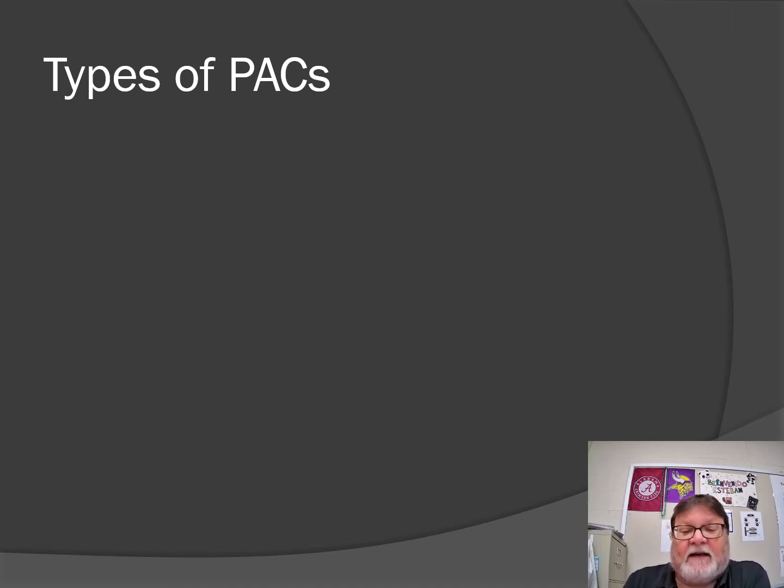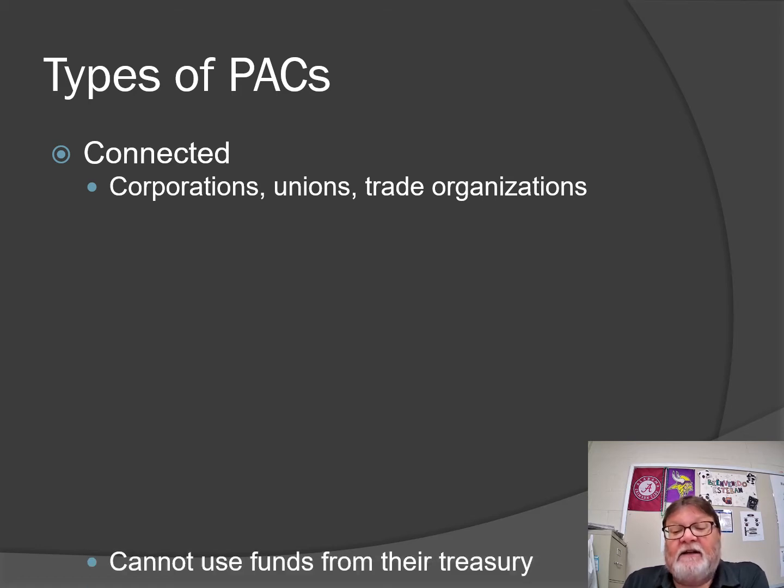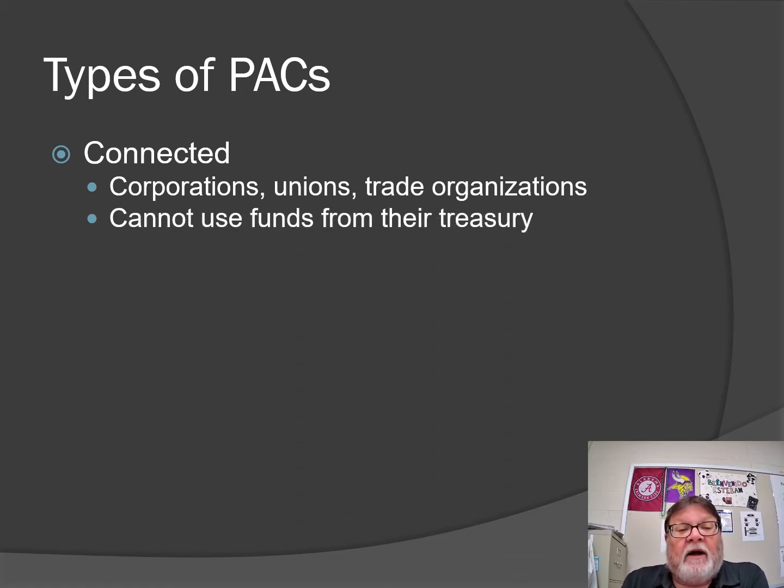Now we're going to talk about the types of PACs that there are. So political action committees, there are the ones that we call connected, and they are connected to something: corporations, unions, trade organizations, something like that. They cannot use funds from their treasury. Say it's the Teamsters Union.